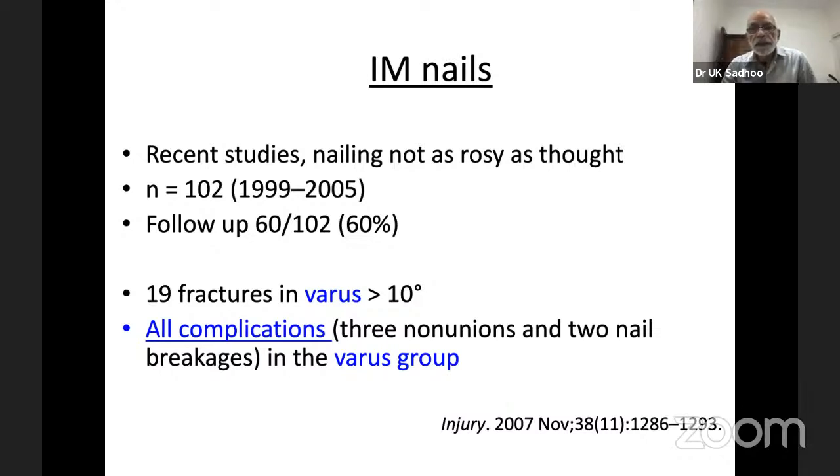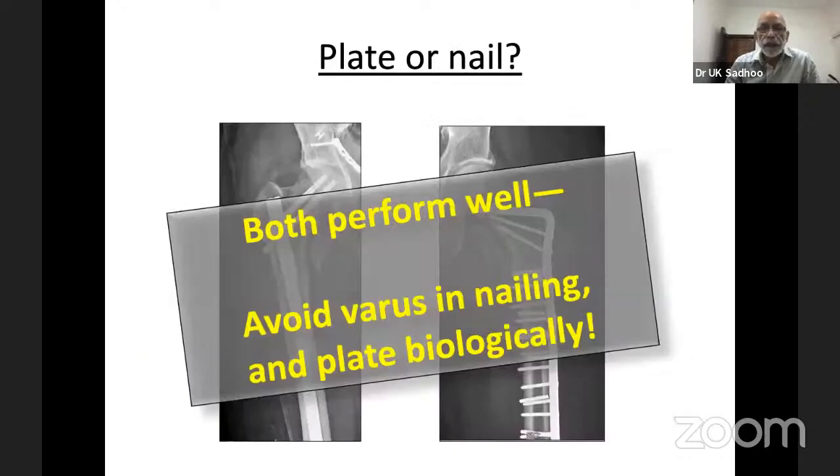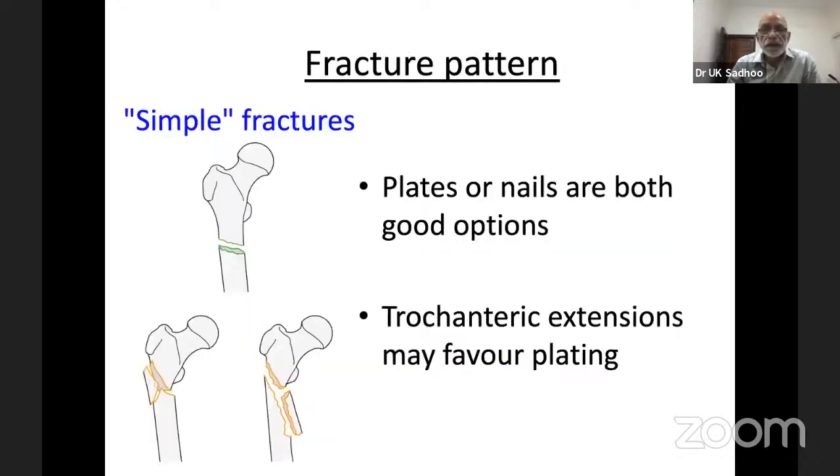You have to guard against varus reduction and fixation, as also take care about length and alignment issues. Both perform well and they have their own strengths and weaknesses. If you have to choose, avoid nailing in valgus and use the plate biologically. That really is the crux of this.